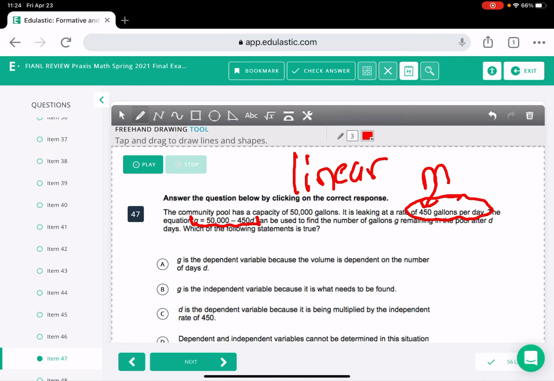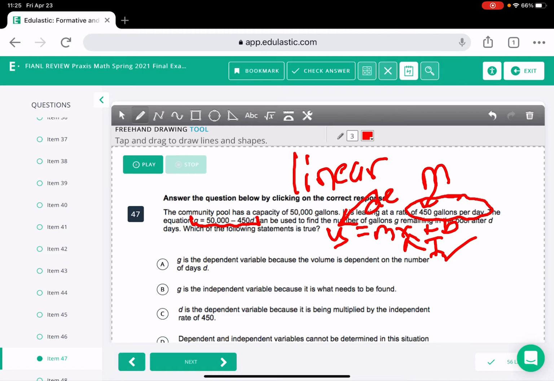So which of the following statements is true? G is dependent because the volume is dependent on the number of days. That's true, because remember, this is y equals mx plus b, and y is always going to be the dependent, and x is always going to be the independent value.